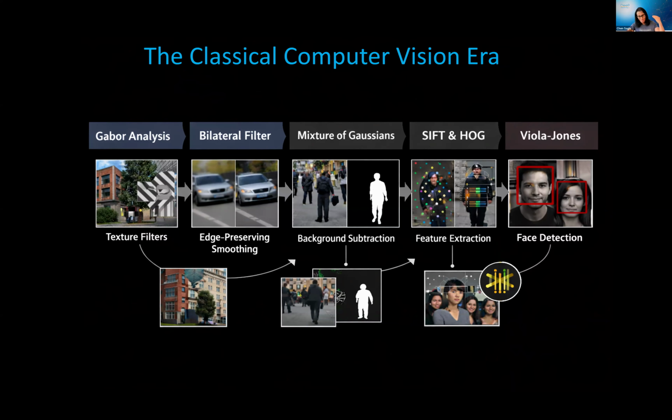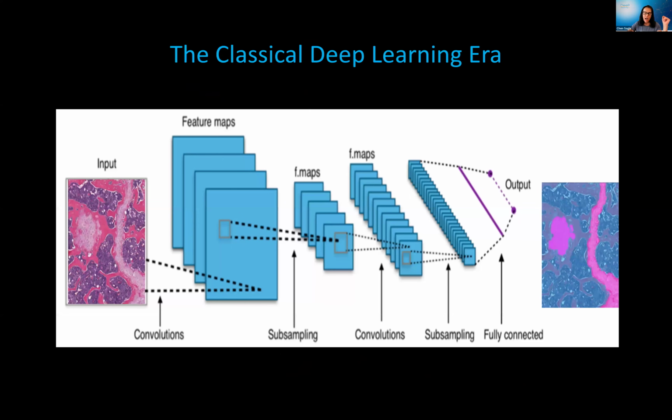But back in 2012, 14, 15, we started the classical deep learning era. And this era we discussed in a lot of detail in the first 3 lectures of our session here.